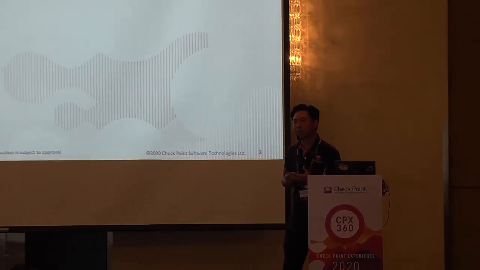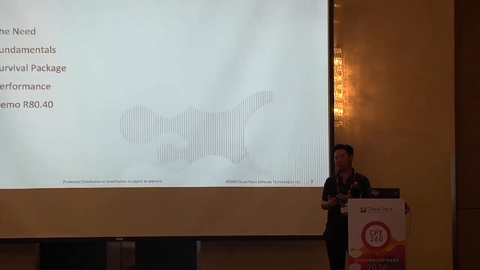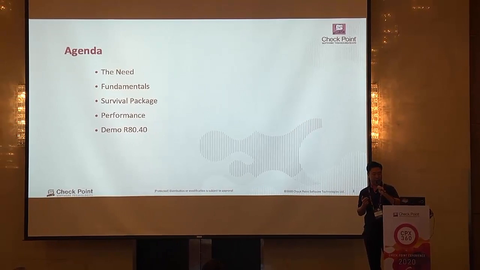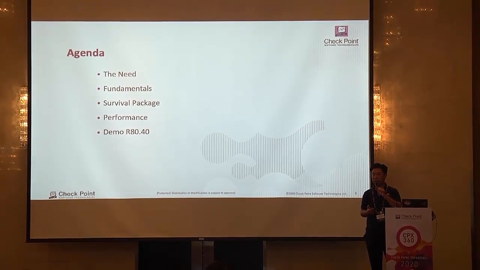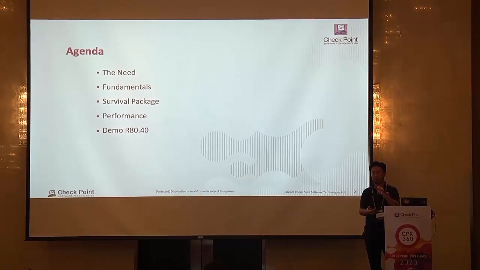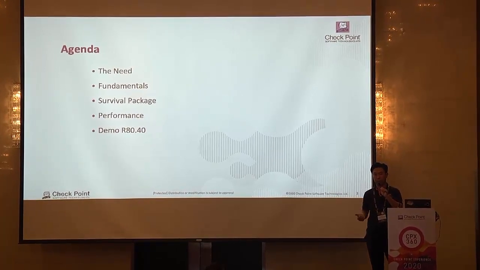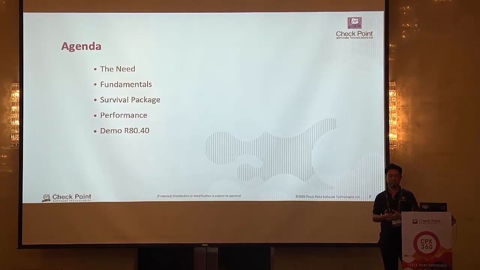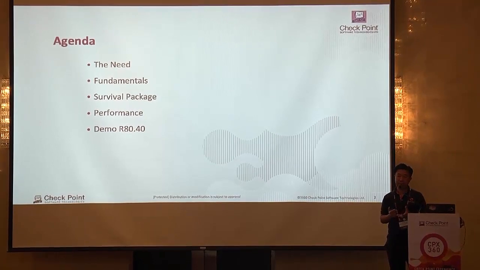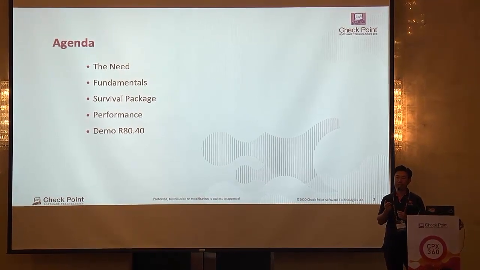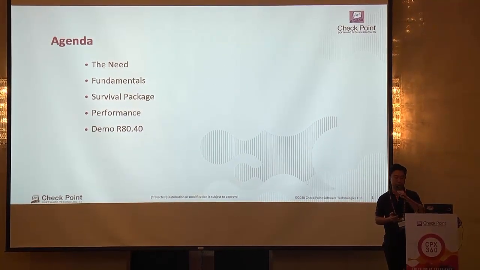Third is about the survival package. It's talking about something you need to know, otherwise it will become an issue. And also we talk about the performance. We did a lot of performance enhancement after a couple of version upgrades in regard to HTTPS inspection. Finally, I will do a demo of how you can configure the HTTPS inspection policy on our network security gateways.